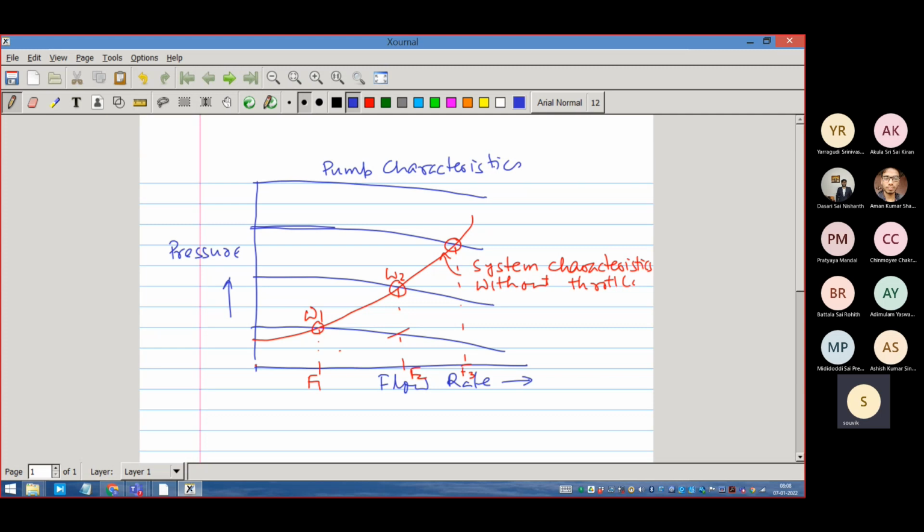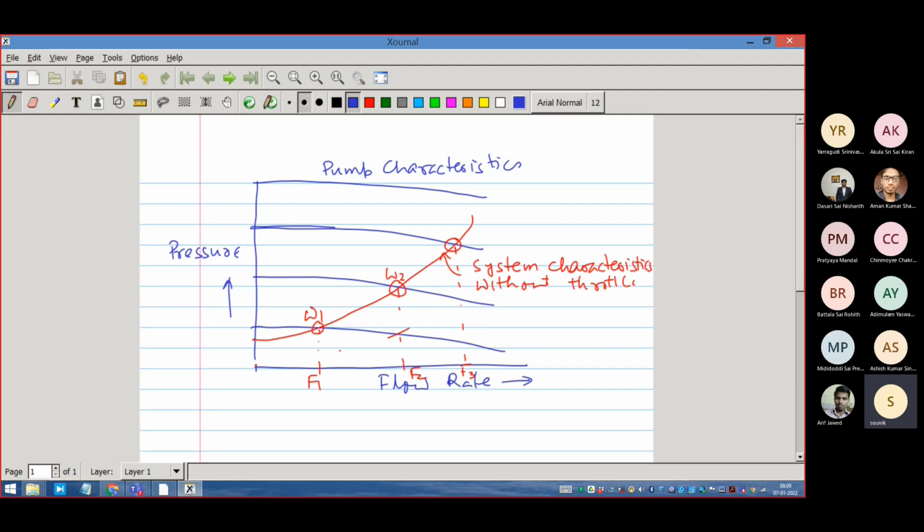So we have changed it from the mechanical to the electrical. The mechanical way of handling this would have been to change the flow rate, to use a throttle, right? Whereas in the electrical way we are changing the pump characteristic. There the pump characteristics would have been unchanged, and what would have changed is the system characteristics.